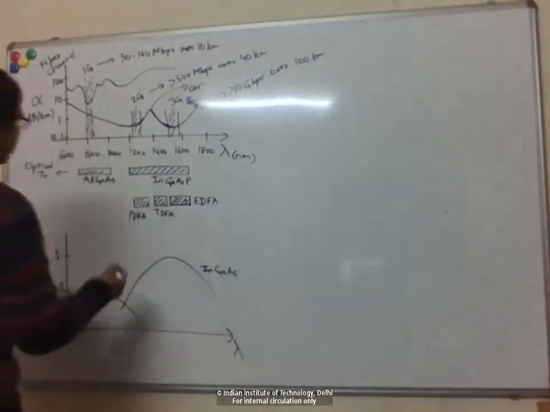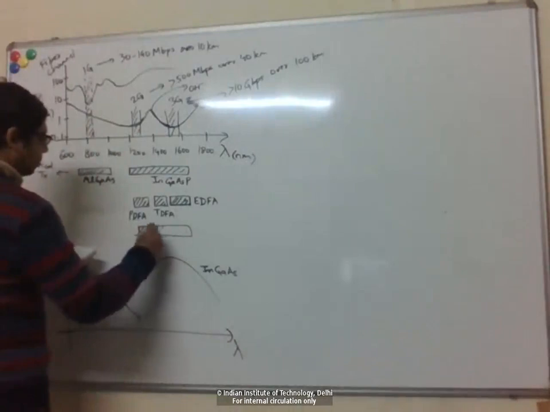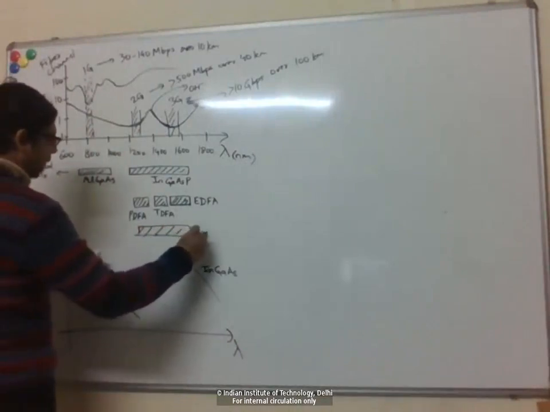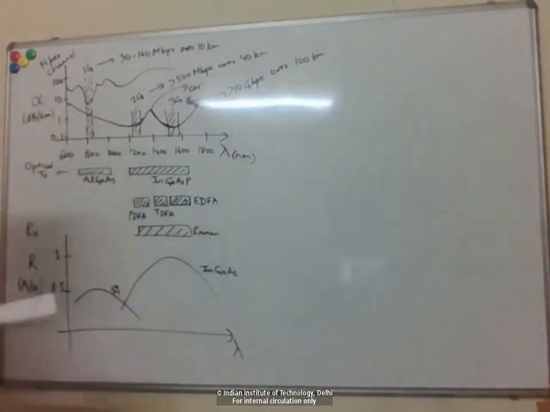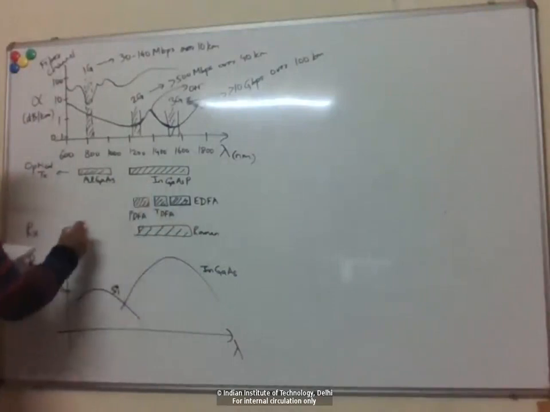Okay, so basically you can build Raman amplifiers over almost any wavelength range you want, as long as you have the pump lasers for that, right? So people have shown Raman amplifiers for all this wavelength range or even shorter wavelength ranges here.